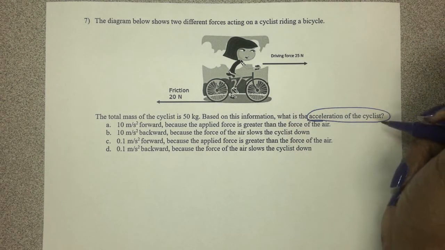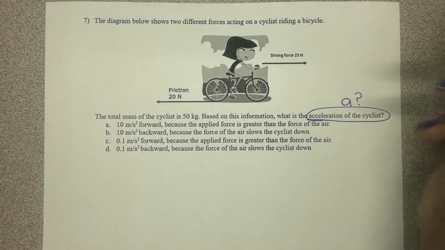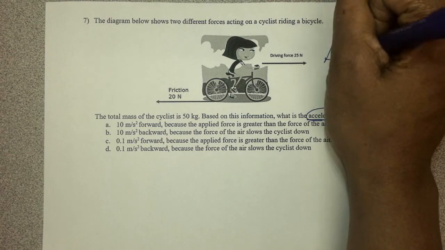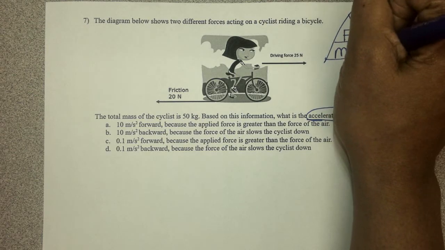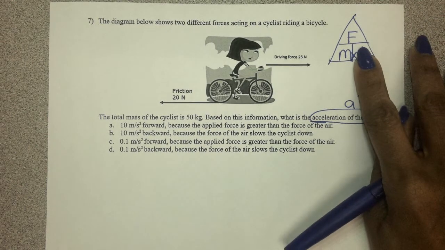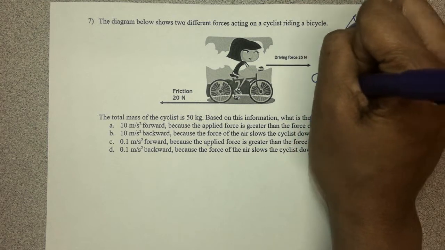Okay, it's asking for acceleration. So we're talking about the second law. So we're going to use the triangle. Force is equal to mass times acceleration. It's asking for acceleration, so you're going to use the formula. Acceleration is force divided by mass.